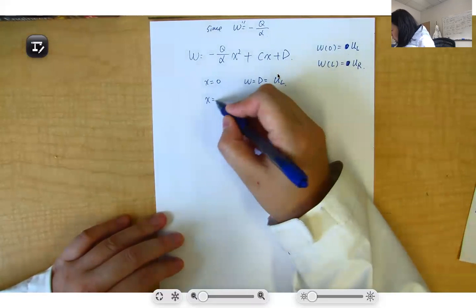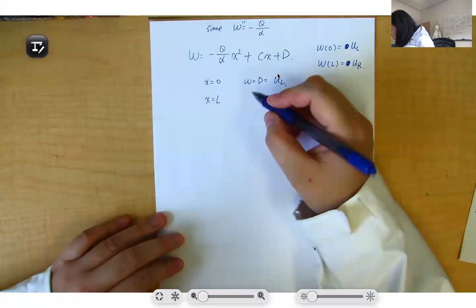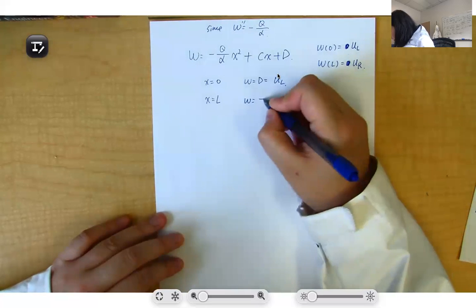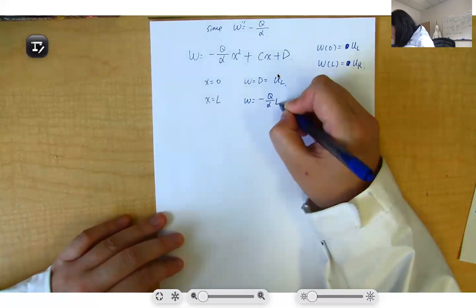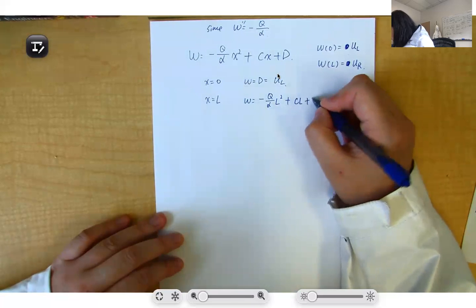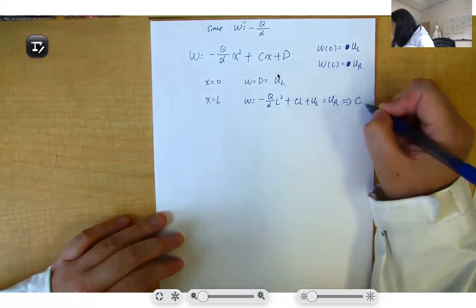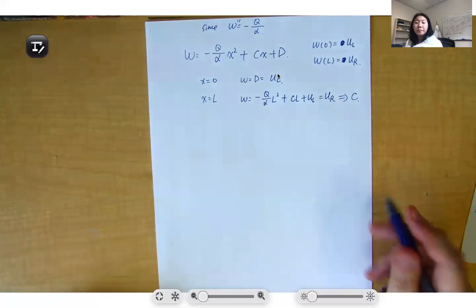When x equals L, then w equals minus Q over 2 alpha L squared plus CL plus D, which is U_R. So you can get what is the constant C.